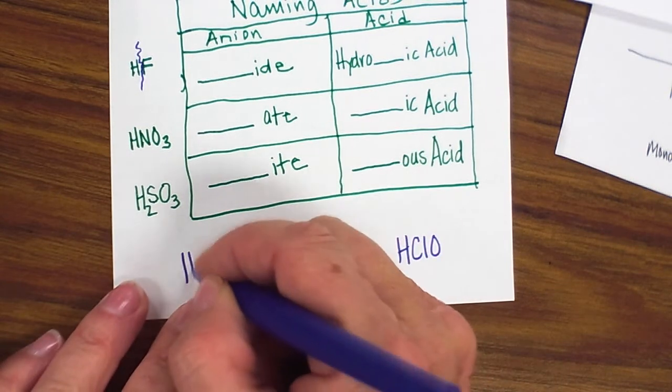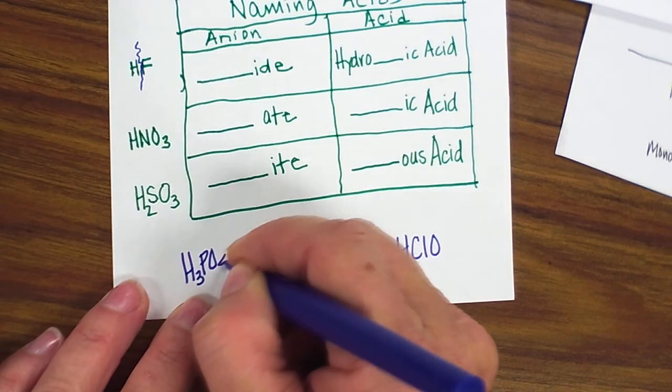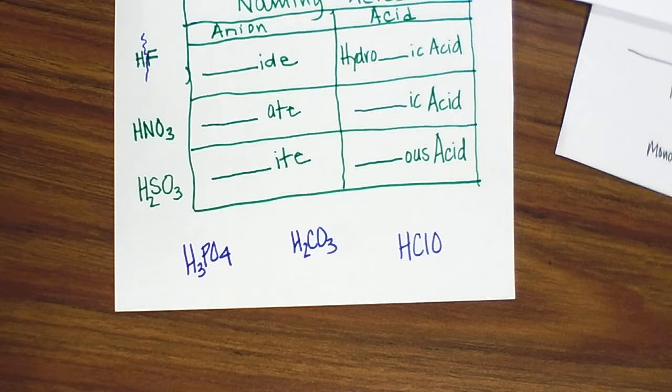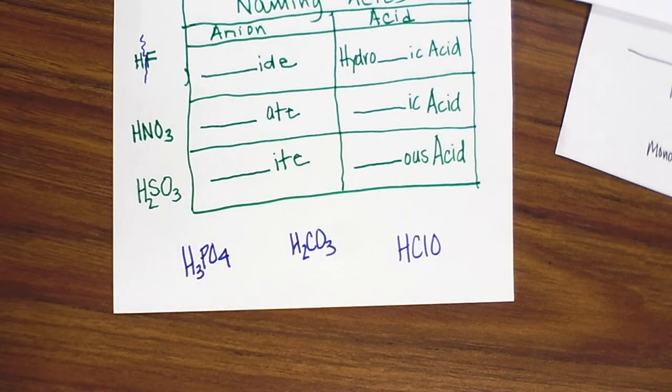What about this? So you look up PO4, it is phosphate, so it's phosphoric acid. And you just kind of learn the transition that it's not phosphic acid, it's phosphoric acid. All right? Got it? Questions?